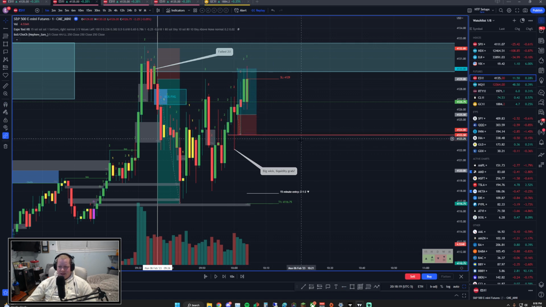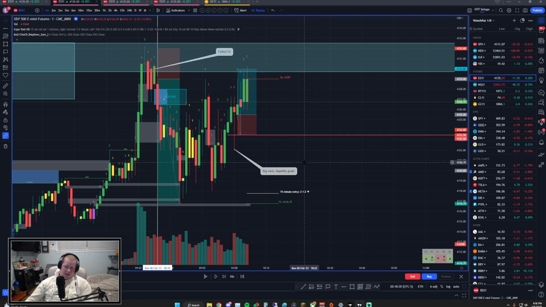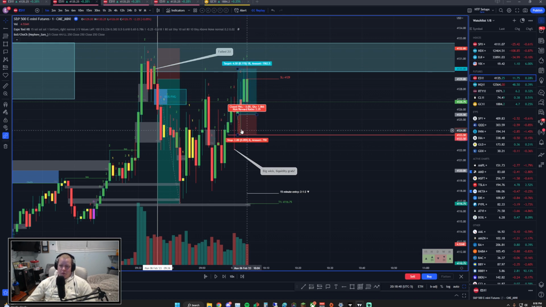But I couldn't really say a 3-point stop or a 2-point stop because it could wick further down. So I set a 2 to 3 point stop, 2 points in this instance, and pretty much if it closed below this area, I knew it was invalidated, time to get out. It ended up wicking down, got caught by this prior support, and shot back up, made some cash.